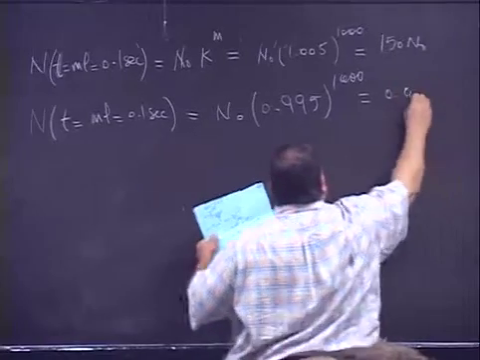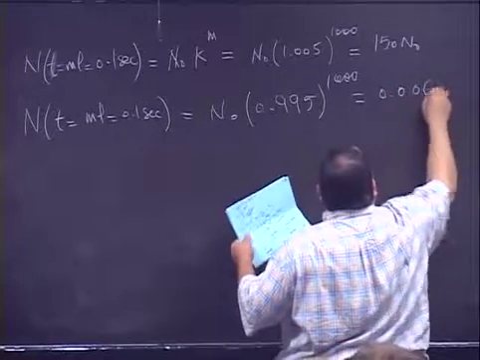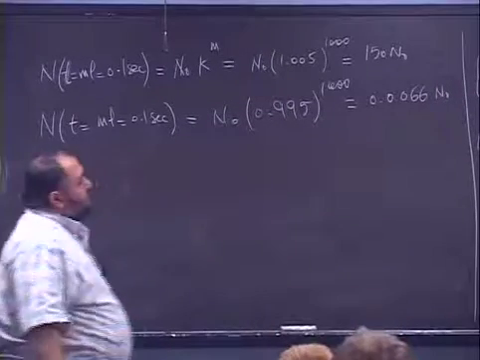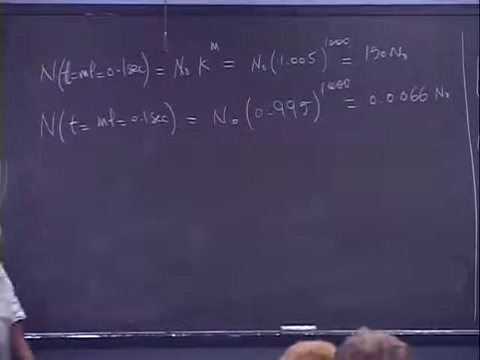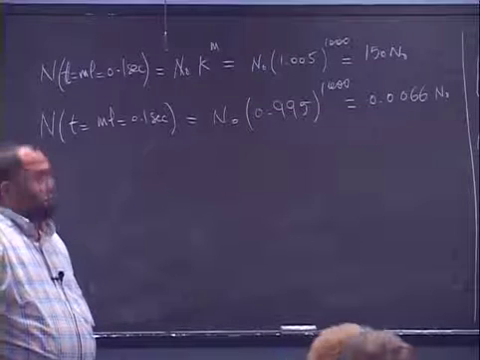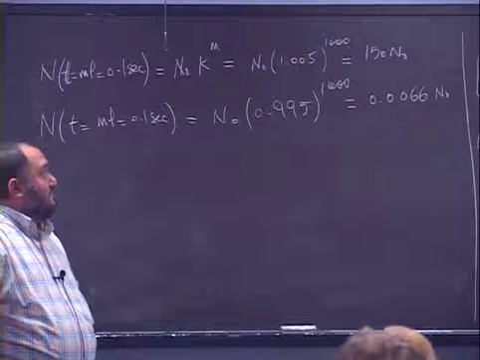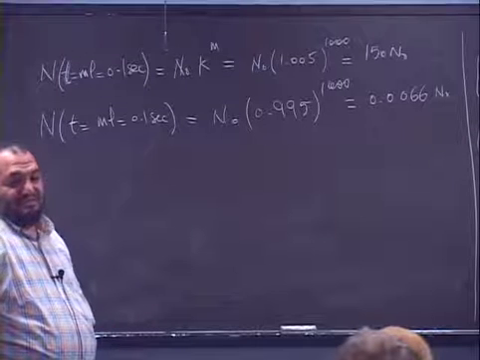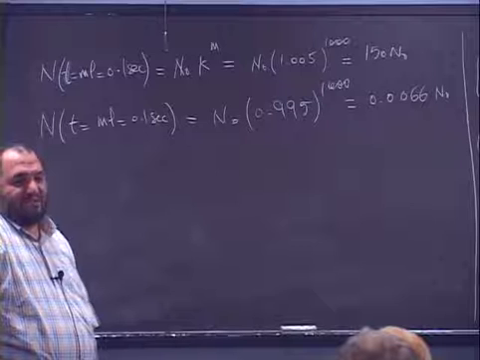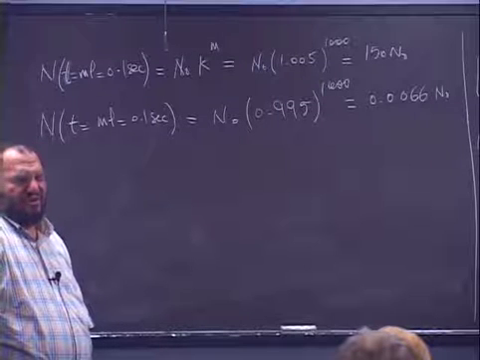This will go to 0.0066 N naught. So again, I will drop the neutron population a lot. It will be even less than 7% of its initial value after a blink of an eye.